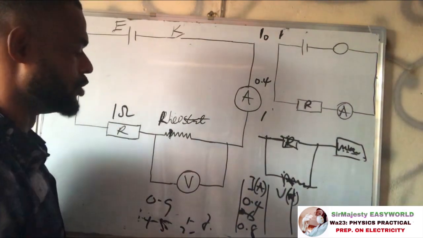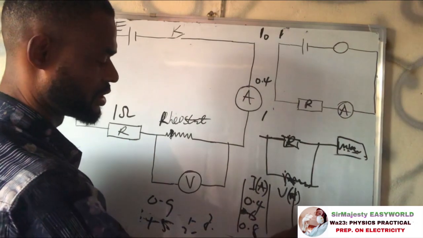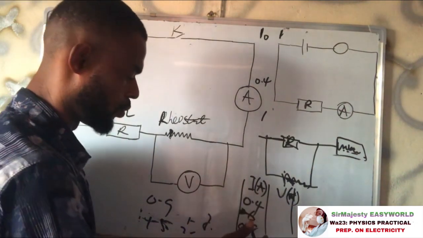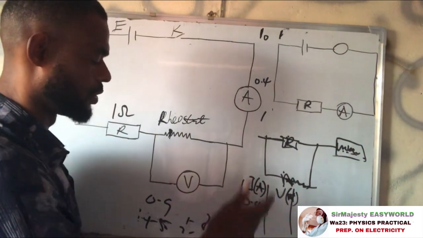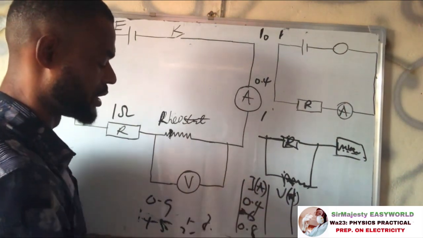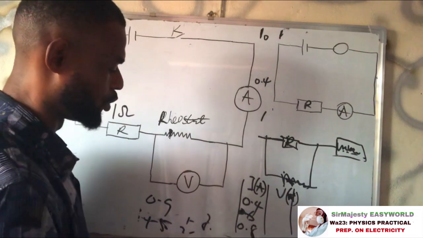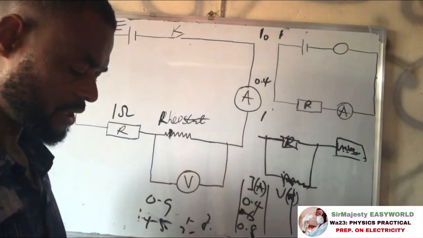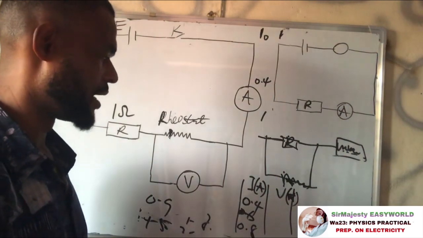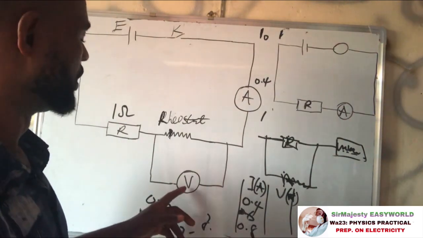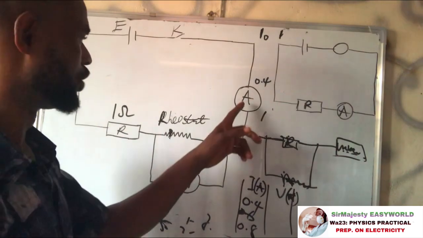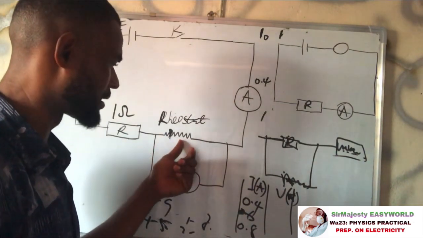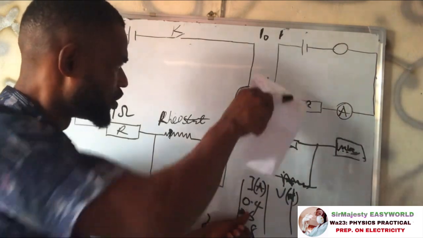I divided my own into six major experiments from 0.4 to 1.4: 0.4, 0.6, 0.8, 1.0, 1.2, and 1.4. You stop there. Then at that time, you read the ammeter. Once this one is read, you move the rheostat, adjusting it until you obtain a current of 0.6 here.